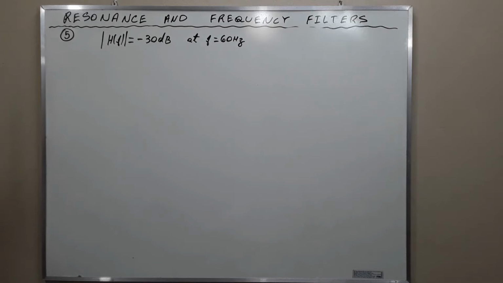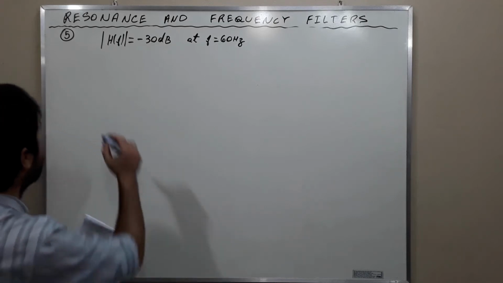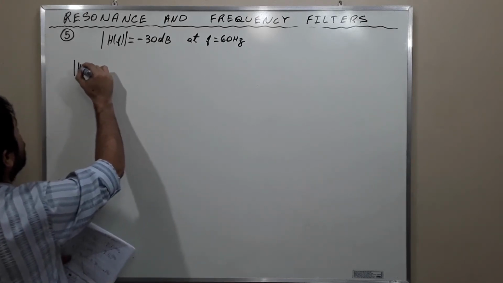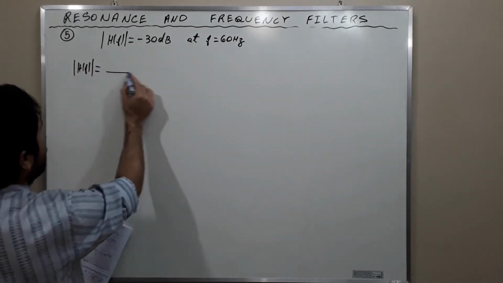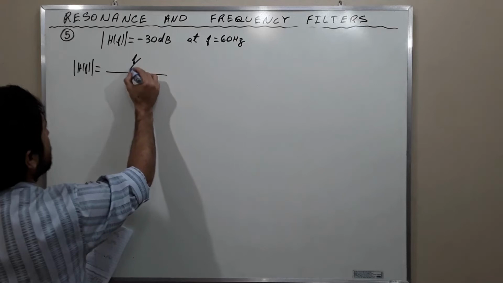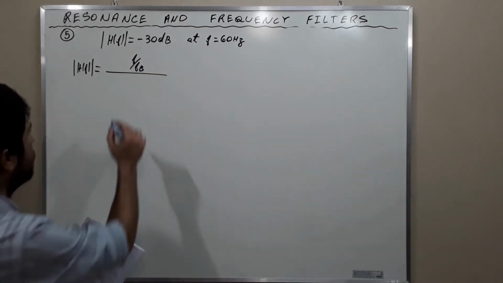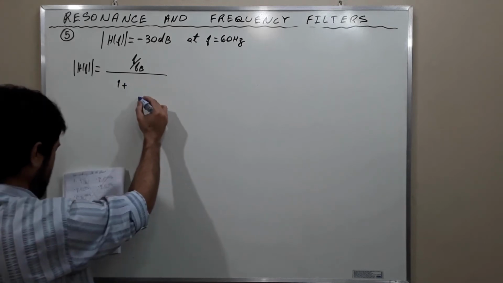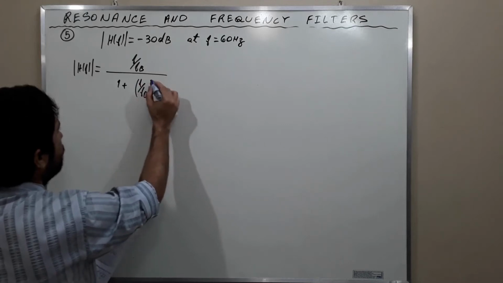The magnitude of the transfer function of a high-pass filter can be described in terms of frequency as, okay? For a high-pass filter, the magnitude of the transfer function can be described as f over fb, over the square root of 1 plus f over fb squared.